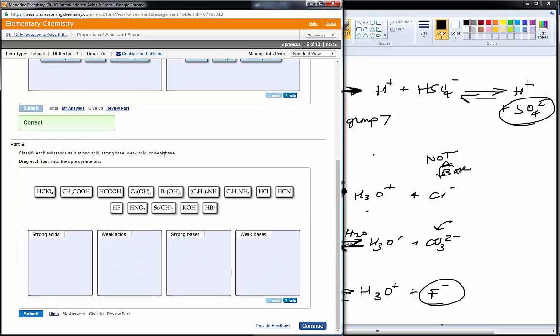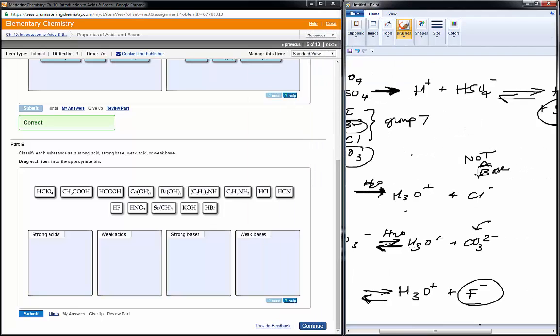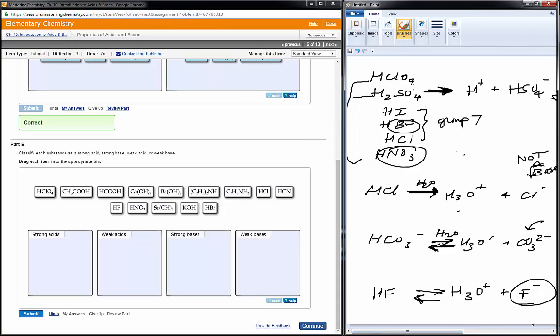All right, strong acid, strong base, weak acid, or weak base. I already gave you the list of strong acids, and all other acids would be weak acids. The list of strong bases is much shorter. Anything with a hydroxide on it, particularly one that's soluble, like lithium hydroxide, because all group 1 ions are soluble, is going to be a strong base. So HClO4 is at the top of our list of strong acids.